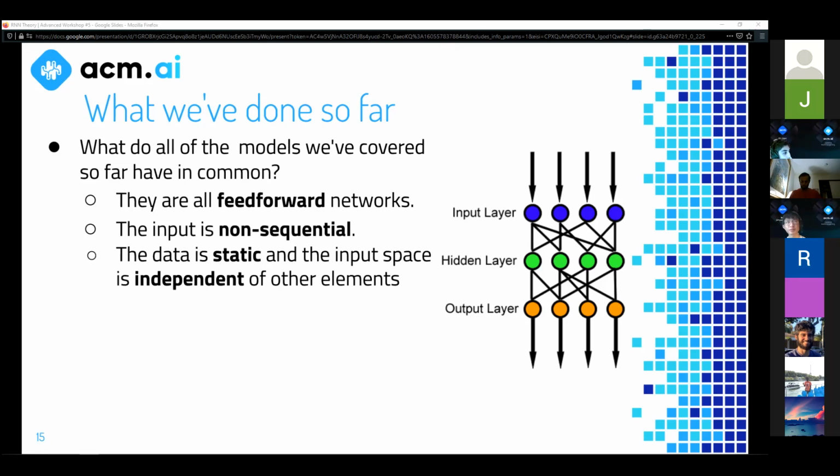This is partially true, because when we were looking at logistic regression or vanilla neural networks, for some problems the data is pretty independent. For example, if you're trying to predict housing prices, you might have information like the zip code, the square footage, or the number of windows, and these variables are independent.